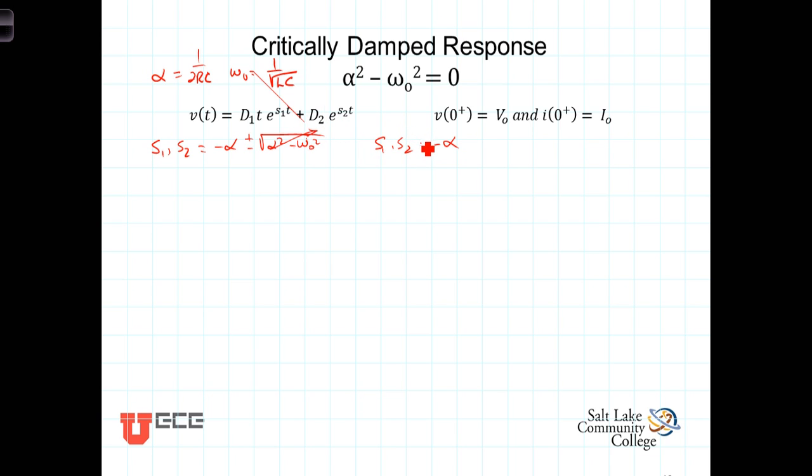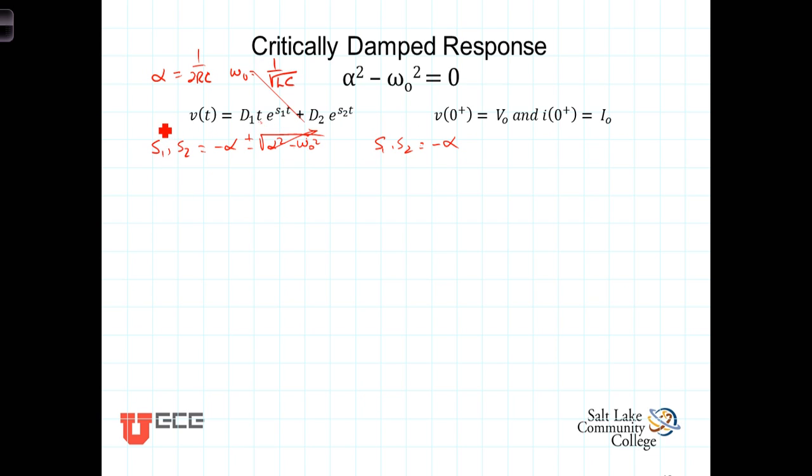The solution, which you learn in an ordinary differential equations class, is that we take one of those terms and multiply it by a polynomial. Any polynomial will do, but the polynomial t to the first power is the simplest, and that's typically what's chosen. So to get around the problem of a single root leading to two identical exponential terms, you multiply one of the exponential terms by a factor of t.